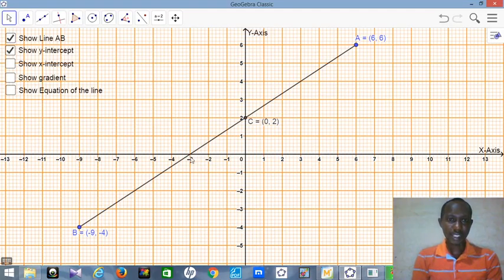Then the same thing with the x-axis. You will discover that when x is minus 3, y is 0. So at your x-intercept, y is 0. If I put show x-intercept there, you will see it. You can see the x-intercept. Y is 0, x is minus 3. So these are two important pieces of information you should know in the equation of a line: y-intercept and x-intercept.